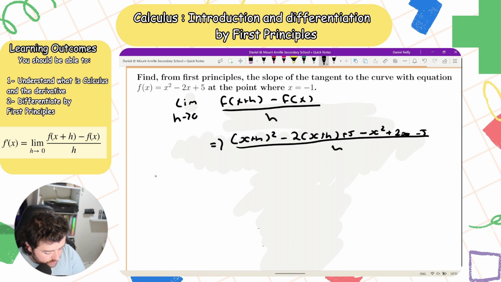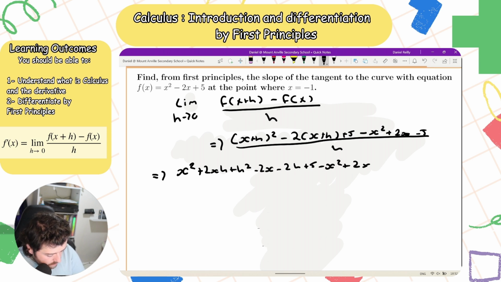all over h. That's going to be x squared plus 2xh plus h squared minus 2x minus 2h plus 5 minus x squared plus 2x minus 5, all over h.